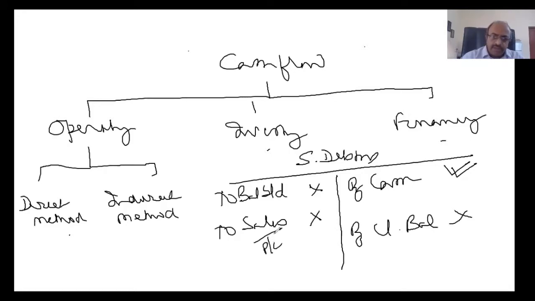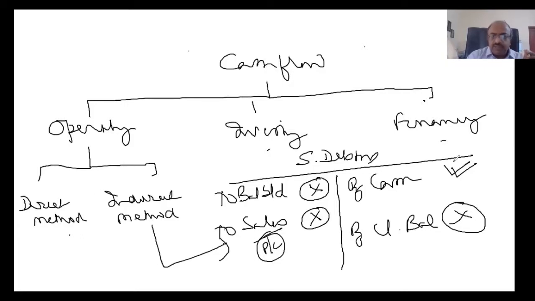By taking the P&L balance, profit, and adjusting for non-operating items or anything coming under investing and financing. That also you have to adjust because it is taken separately, so it cannot have an impact in the P&L. That effect of investing and financing you have to remove. Any non-operating item you have to remove to get the operating profit, and then take the movement from closing to opening in debtors. That is under the indirect method.